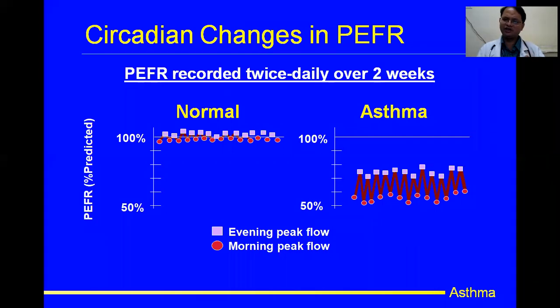Here, for PFR, the difference between the early morning and the night PFR should be more than 20%. 20% to nominate the patient as having bronchial asthma.